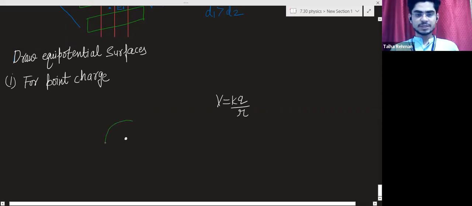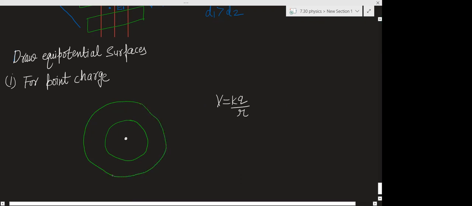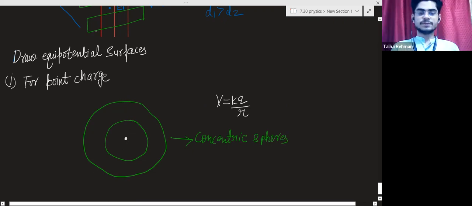The equipotential surfaces for a point charge will be concentric spheres around it. Please consider these as spheres. The direction of electric field will be like this.